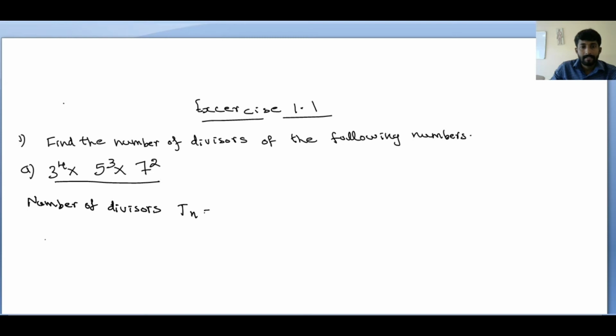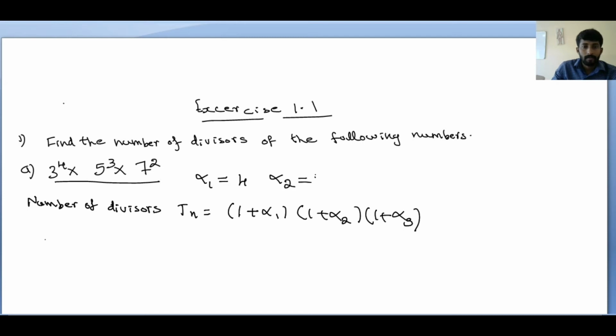Tn is equal to, what's the formula for Tn? 1 plus alpha 1 into 1 plus alpha 2 into 1 plus alpha 3. Okay, observe here alpha 1 value is equal to 4, alpha 2 value is equal to 3 and alpha 3 value is equal to again 2.